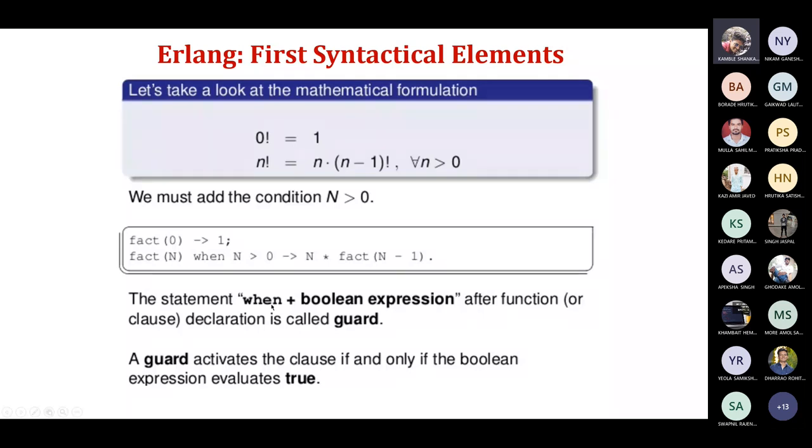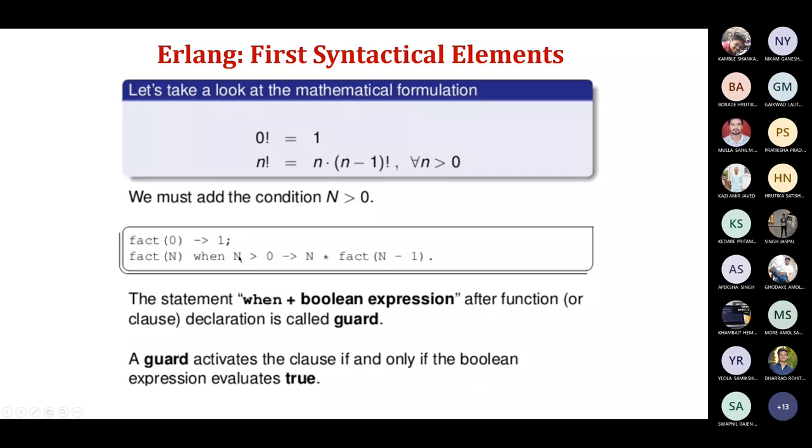Now the statement when plus Boolean expression after the function head is called a guard. Okay, so this part is the function. Whatever you write after the function declaration, when followed by this Boolean expression, is called a guard.